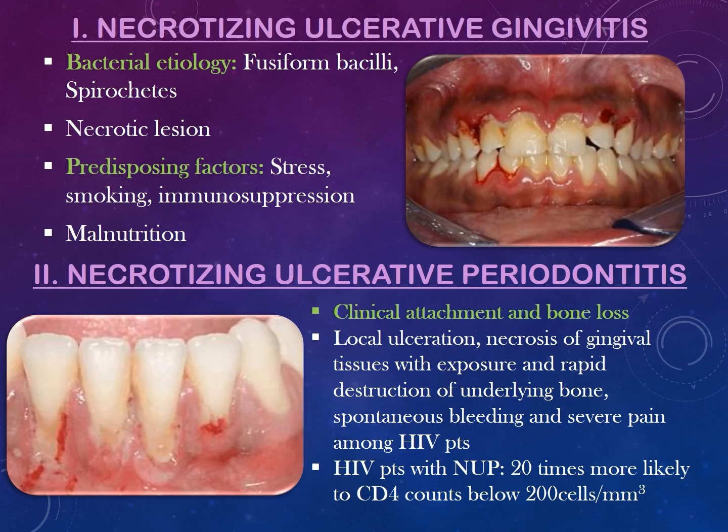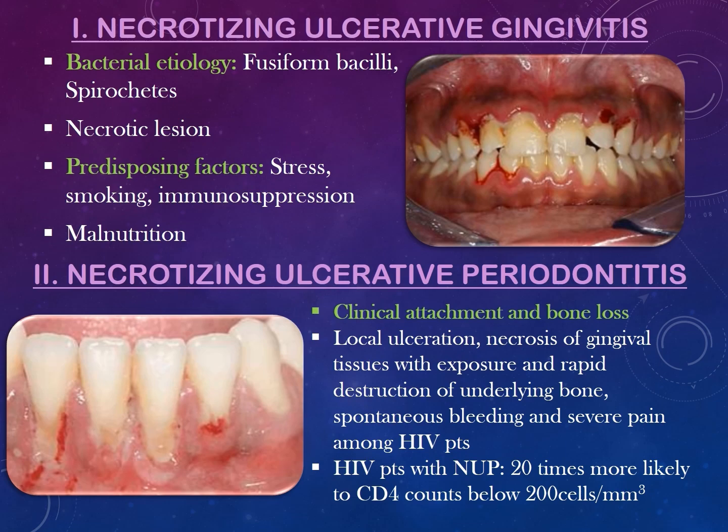Necrotizing ulcerative periodontitis, the main clinical features are that it has clinical attachment loss and bone loss distinct from ANUG. It has local ulceration, necrosis of gingival tissues with exposure and rapid destruction of underlying bone. It has spontaneous bleeding and severe pain among HIV patients. So it's predominantly associated with HIV patients.